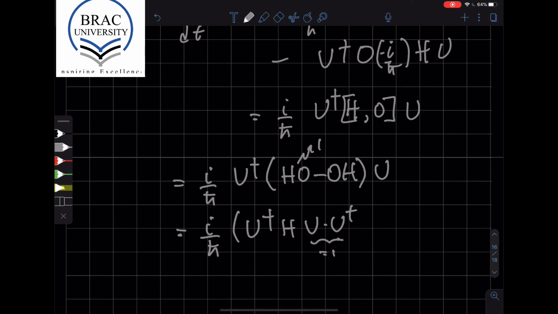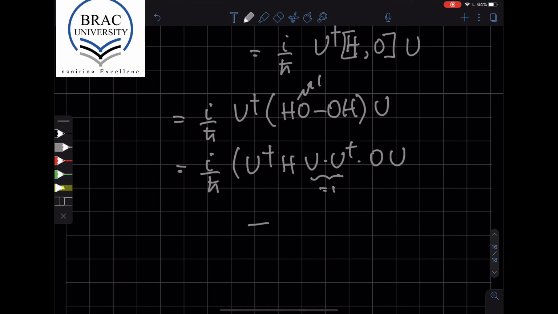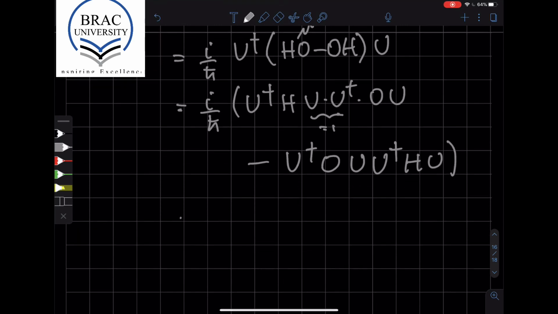So this is 1. And we can do the same thing for the second term. So what is this? This is i over h bar, and this thing is simply the Hamiltonian in the Heisenberg picture. And this thing is the O operator in the Heisenberg picture. Sorry, I forgot to put the carets.